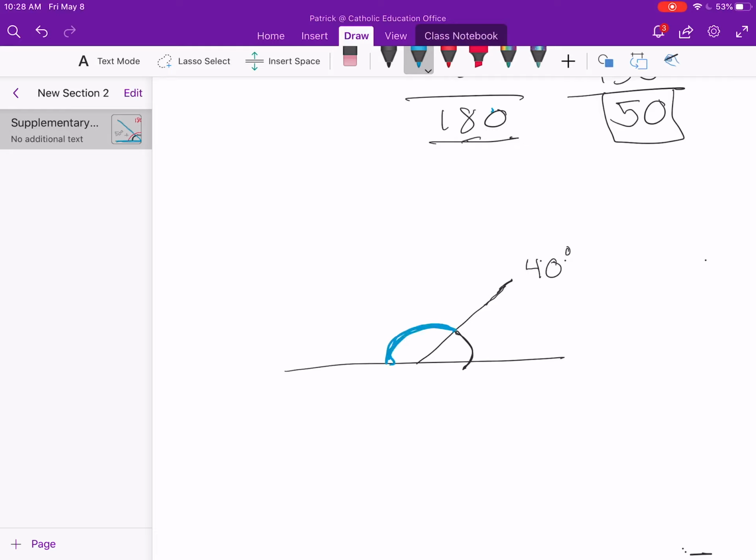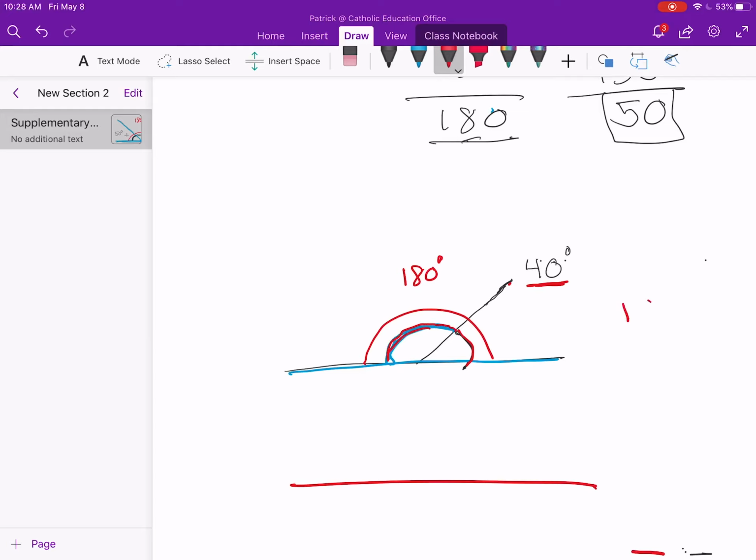Well, again, we know this whole thing, because it's a straight line, we know the straight angle is 180 degrees. So we know this part is 40 because they told us that in the question. So we need to figure out 40 plus how much more equals 180, or 180 take away 40 is going to leave us this angle here.